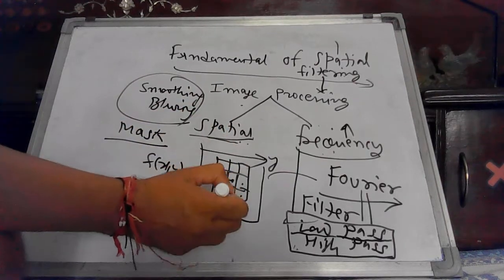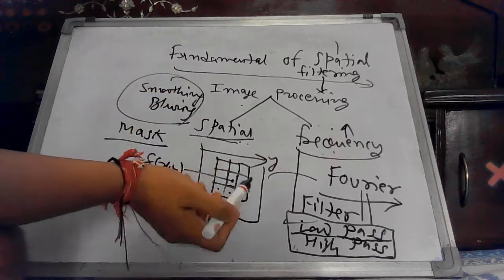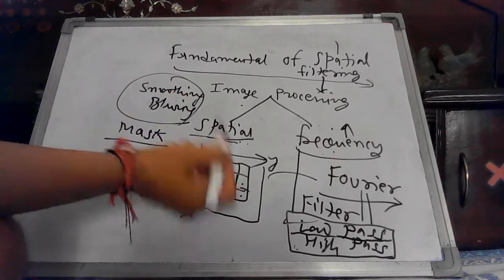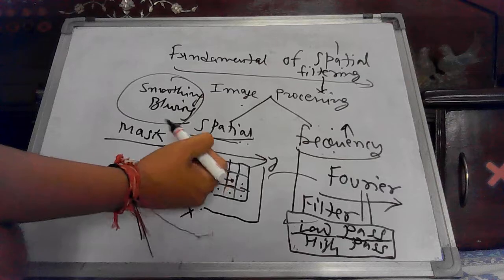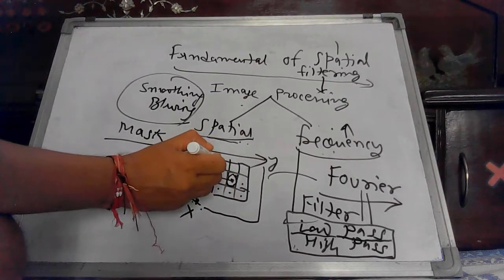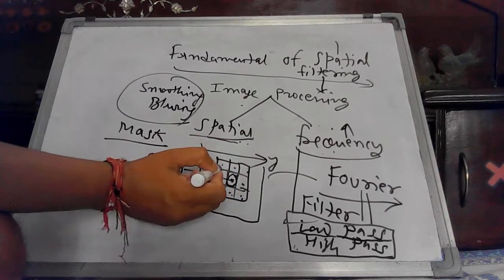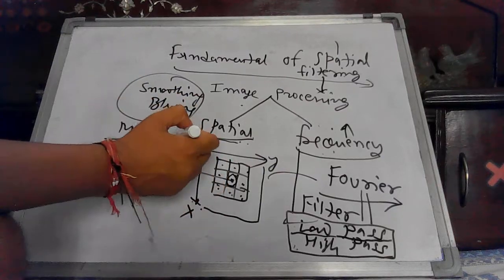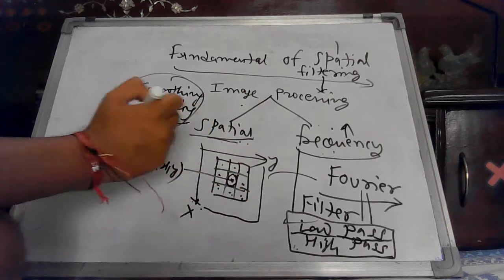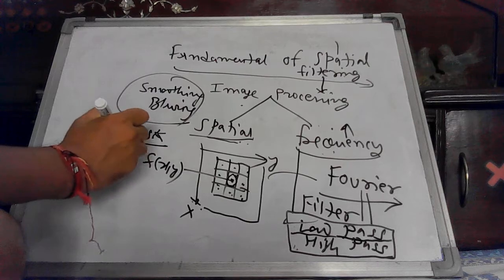If I want to process my image in the image plane, and we do not want to process a particular pixel alone, but rather our focus is to change the value of a particular pixel by considering the neighbors of the pixel, then in that case, if you want to process the image and filter that image, you simply use a masking operation or filtering operation. Clear?